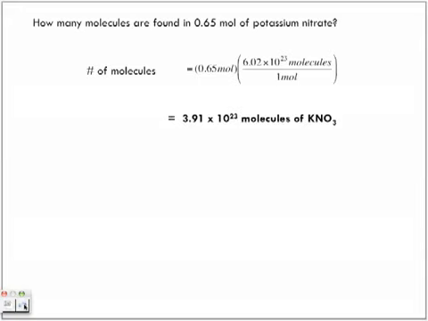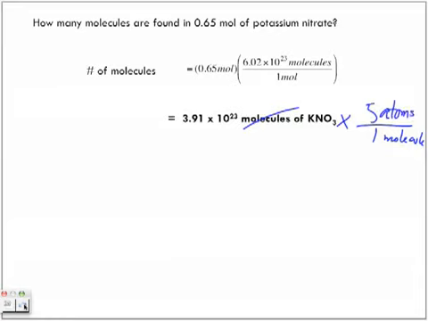With this one? Well, we're asked for molecules, but if the question said atoms, we would take this answer and multiply it by something that will allow me to cancel out molecules. So where am I going to put molecules? The bottom. But in 1 molecule, how many atoms are we going to have? 3 oxygen, 1 nitrogen, 1 potassium. 3 plus 1 plus 1 is 5.